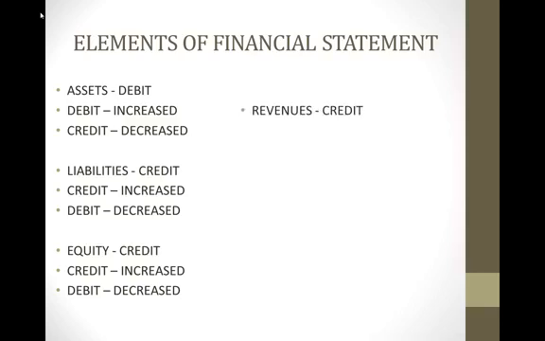Next, revenues. Revenues have a credit balance, or normal balance. But revenues, like the other elements, may decrease or increase.